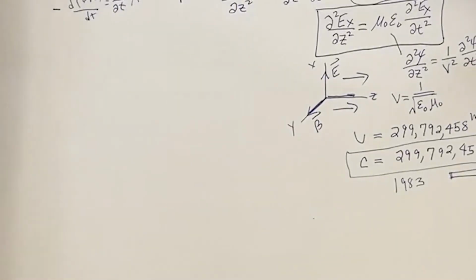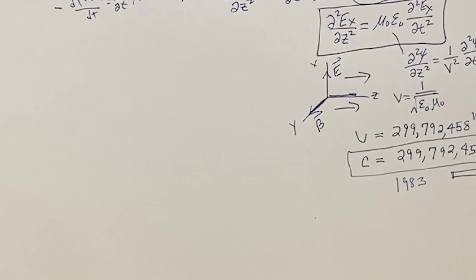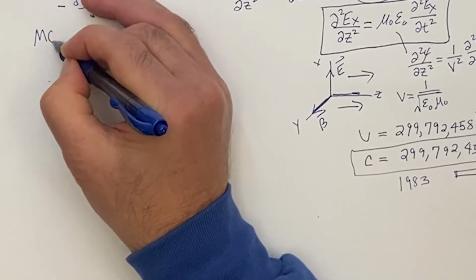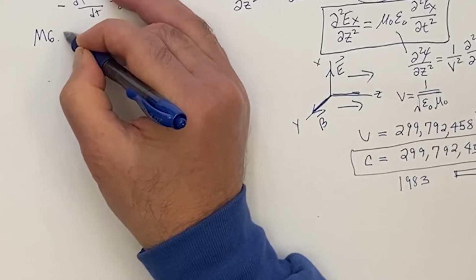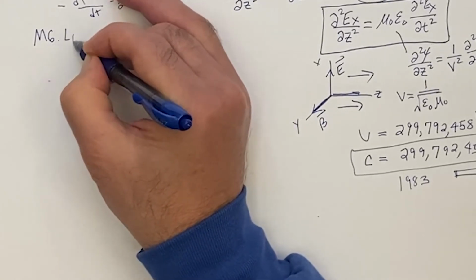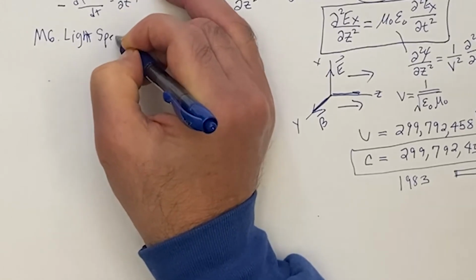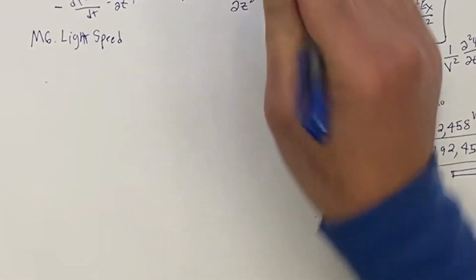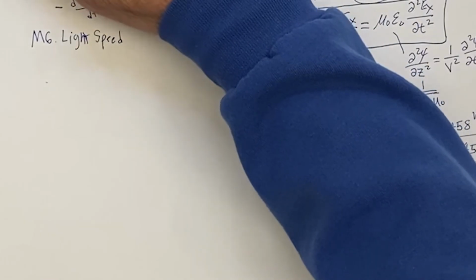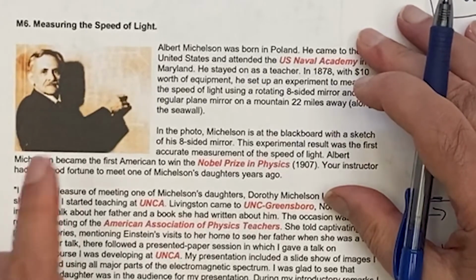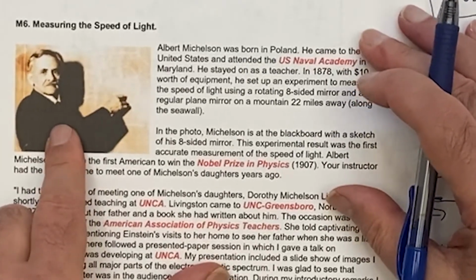Okay, since you've worked real hard with me on this more complicated stuff, I want to show you now, and I'm going to make the numbers simple, how the speed of light was measured. We go to the experimentalist, a brilliant one who became the United States' first Nobel Prize winner, and that's Albert Michelson.